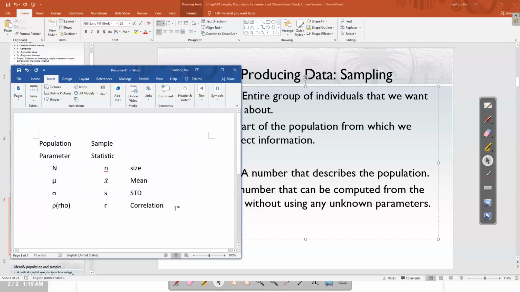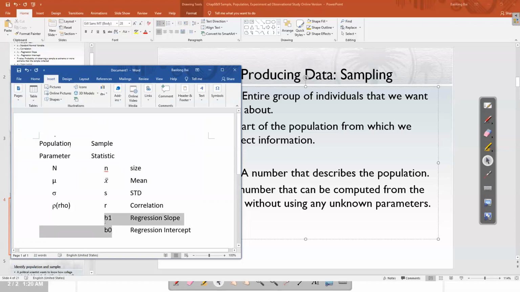Then we also learned the regression process. So we have regression slope and we have regression intercept. For regression slope, we use B1, and for regression intercept, we use B0, right?